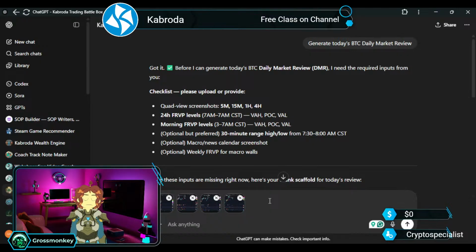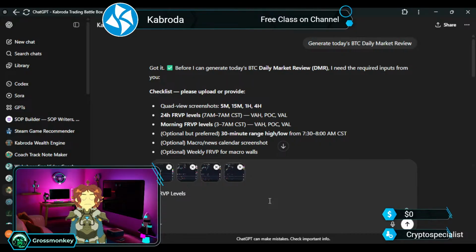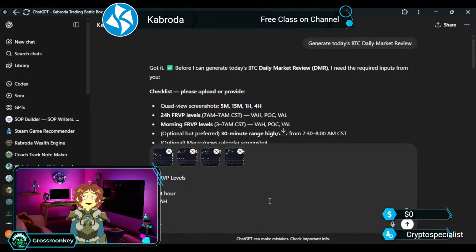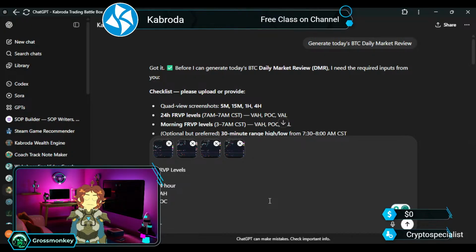And then the next thing I like to do when I'm setting this up is say FRVP levels. And then I go down 1 or 2 and say 24 hour. And then shift enter again, and I'll say volume area high, point of control, and then volume area low.